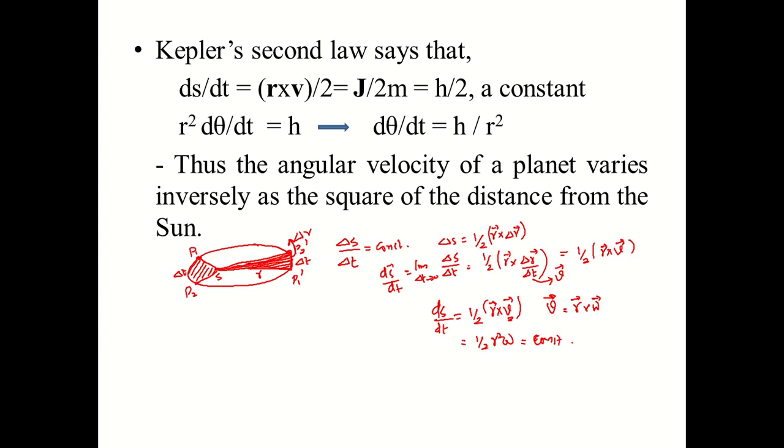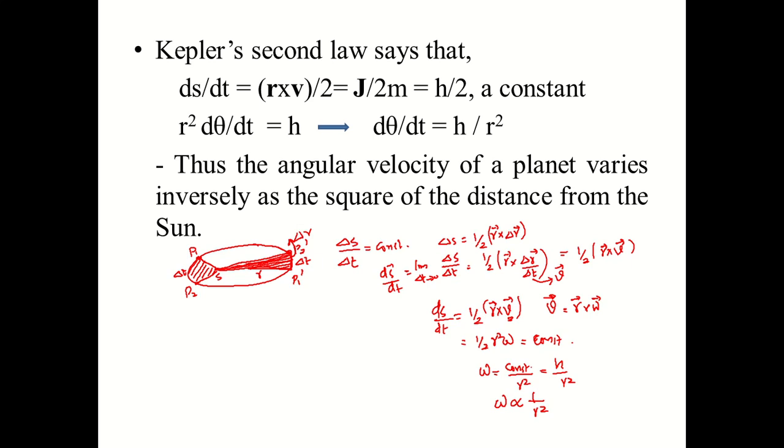So you can write omega is equal to some constant divided by 2 r square. The 2 is also merged into this constant, so that constant we denote by h, then it is h by r square, or you can write omega is proportional to 1 by r square.